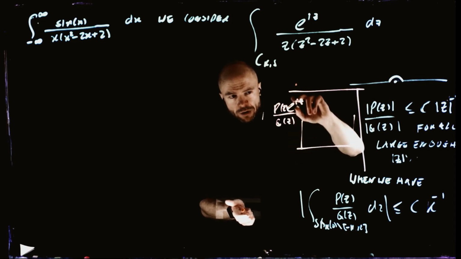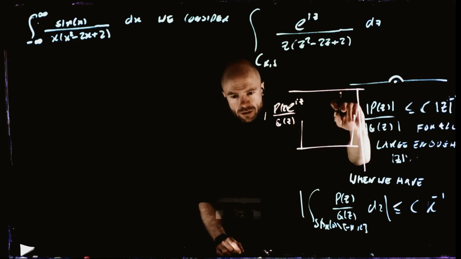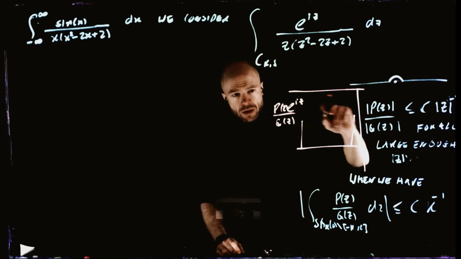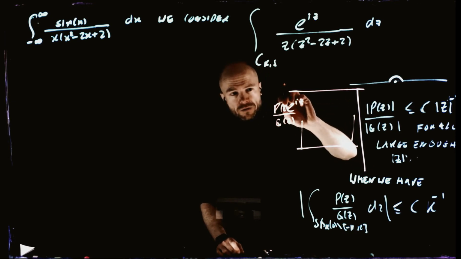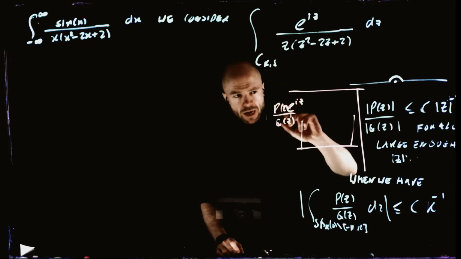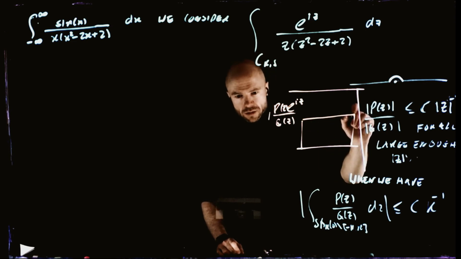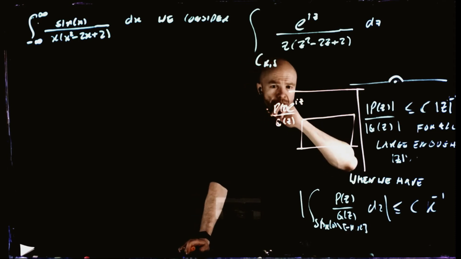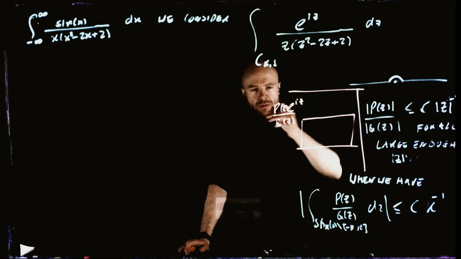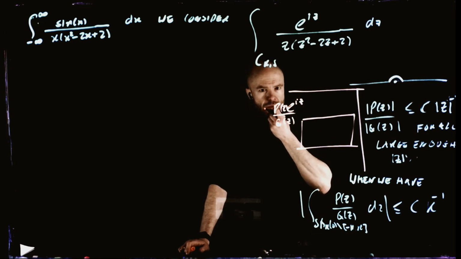So this thing decays incredibly fast as we go directly upwards like this. And as we integrate across here, because we are far enough away, the fact that P has 1 degree less than this guy means that the integral across this thing here is also negligible. So this depended very much on the special structure of the cancellations involved, and that allowed us to get away with the situation where the degree on the bottom is just 1 more than the degree on the top.